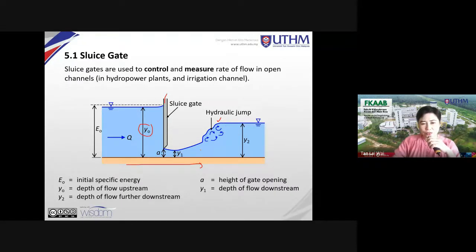Now, in case of hydraulic jump, you have a depth of y1 upstream of the hydraulic jump and depth of y2 downstream of the hydraulic jump. We have learned these depths, which are known as conjugate depths, and you can solve this using the conjugate depths equation. A would be the height of the sluice gate opening.